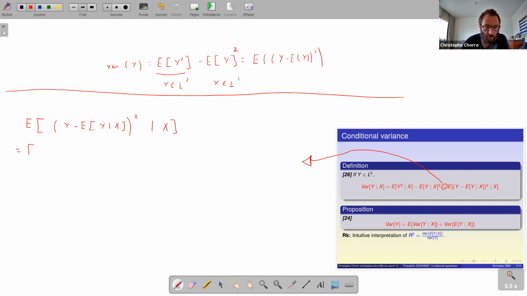I don't have the choice. I can just develop the square and see what happens. So I have Y squared minus 2Y times the expectation of Y given X plus the expectation of Y given X, squared, given X.